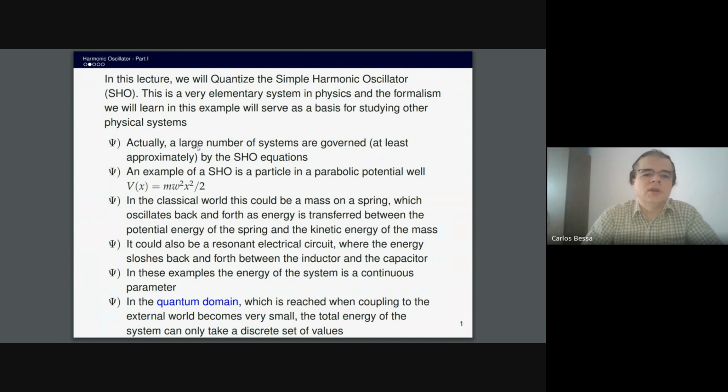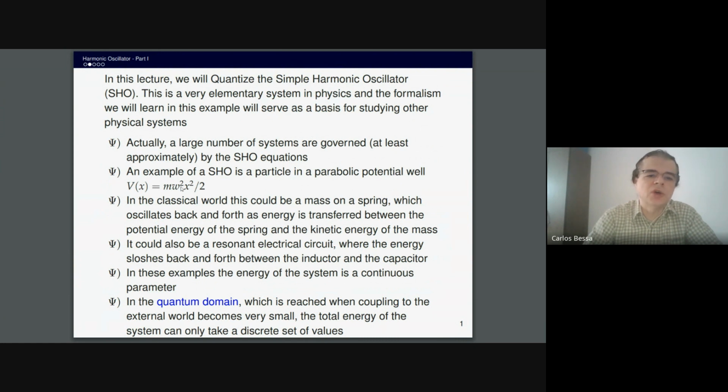A large number of systems are governed, at least approximately, by simple harmonic oscillator equations. One example is a particle in a parabolic potential well of this type.